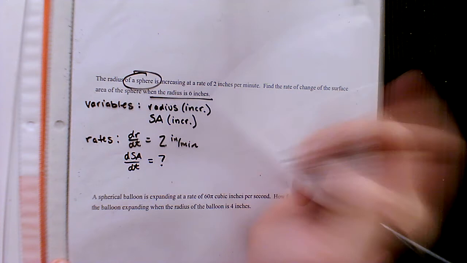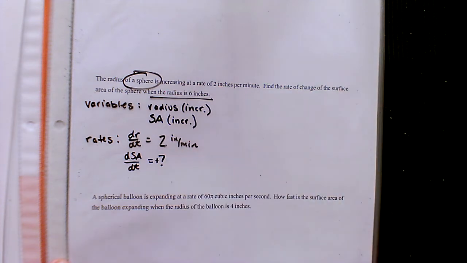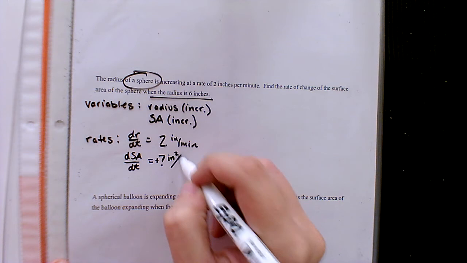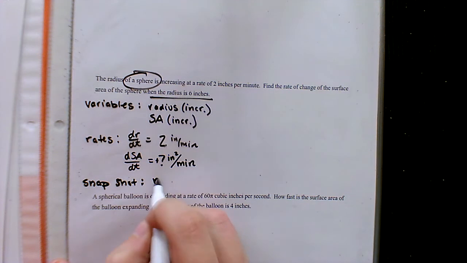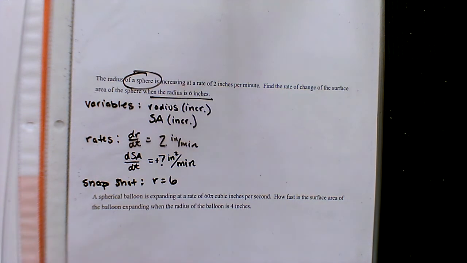We said it should be increasing, so we can anticipate a positive answer. What about our units? Inches squared per minute. Do we know a snapshot point in time? R equals 6. If you were to take a picture while this balloon is increasing, the radius of the balloon on your snapshot would be 6.